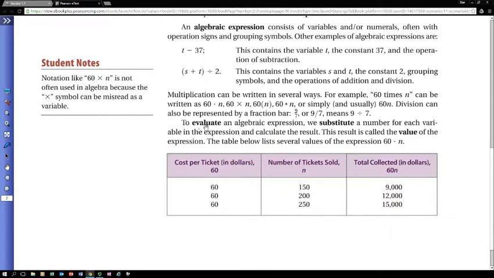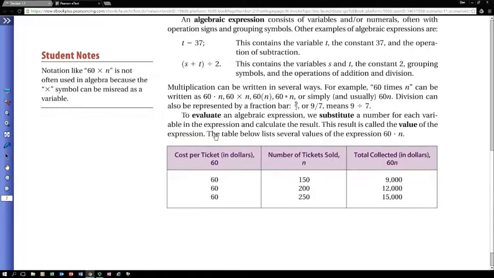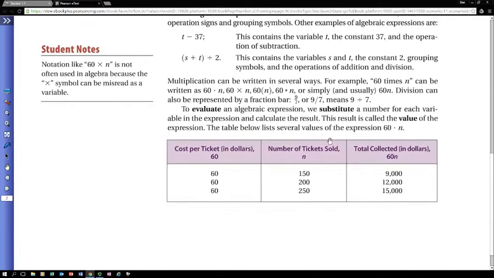So the next word that's bolder here is evaluate. To evaluate an algebraic expression, we substitute. This is another key word: we're going to substitute a number in for the variable and find out what that expression will be as far as a numeric value. And this result is called a value of the expression, and the table below lists several values for the expression 60 times n.